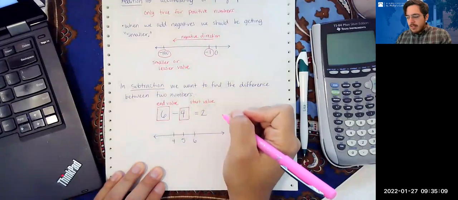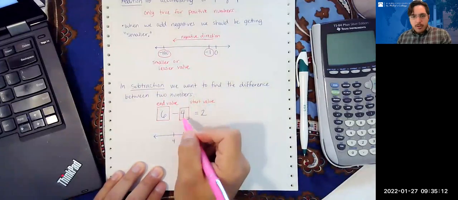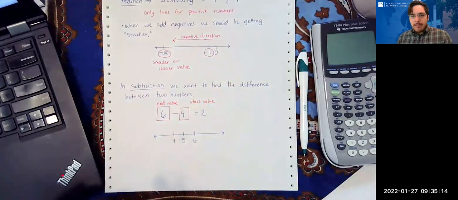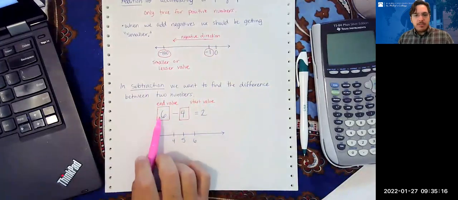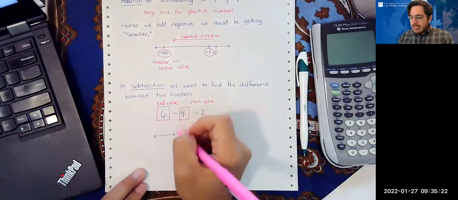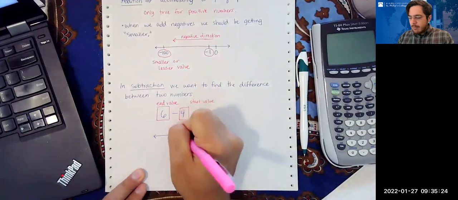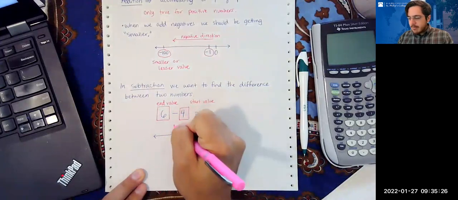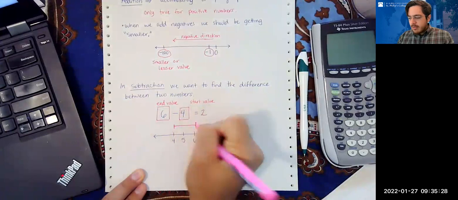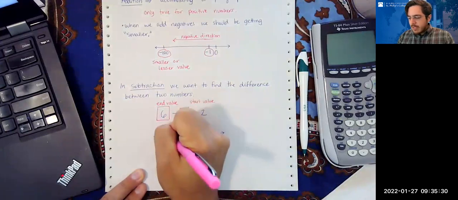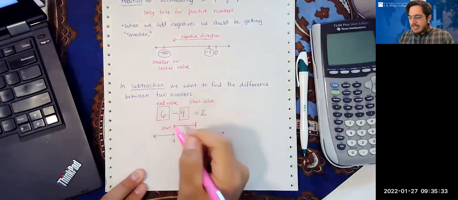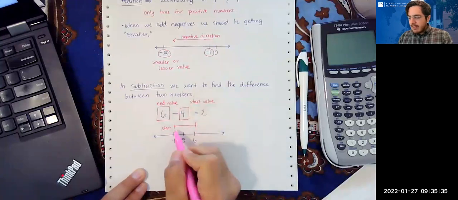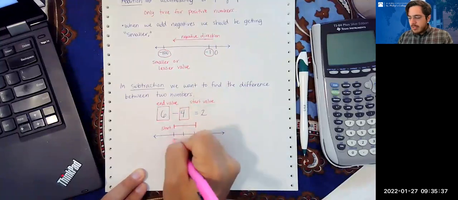It's a little bit backwards to think about it this way, with the end value going in the front of the problem. But if we wanted to count the distance between 4 and 6, where 4 is the start value and we needed to get to 6, then what direction did we have to move from 4 to get to 6?